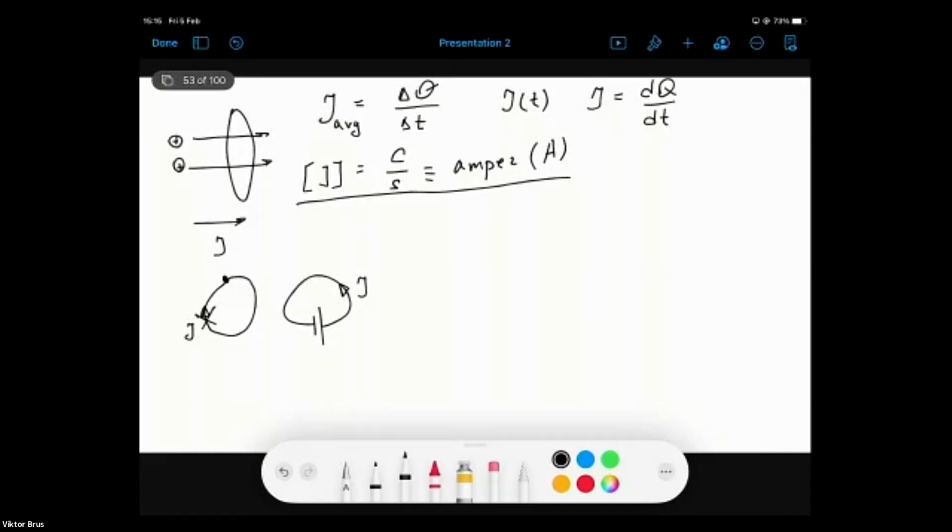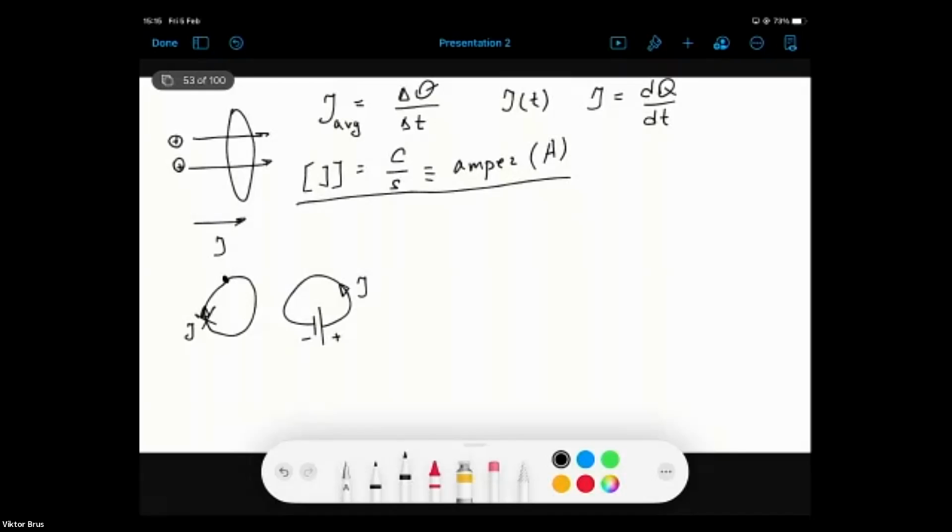Why? Because this battery will create a potential difference between the edges of the wire, and that will push the system, the conductor, out of equilibrium condition. So it will perform some work in order to move these charges.